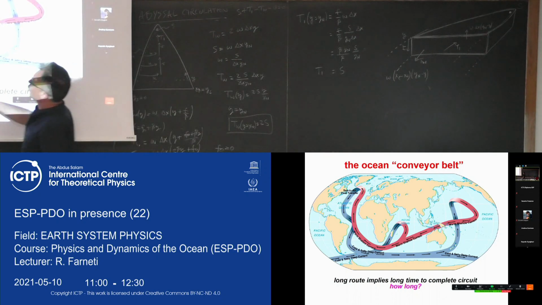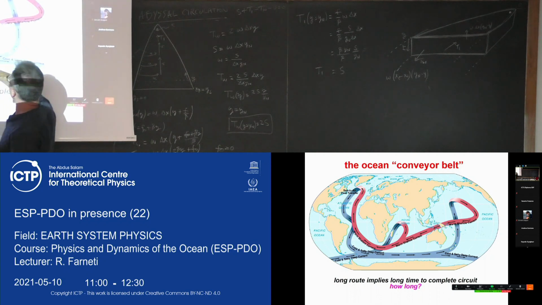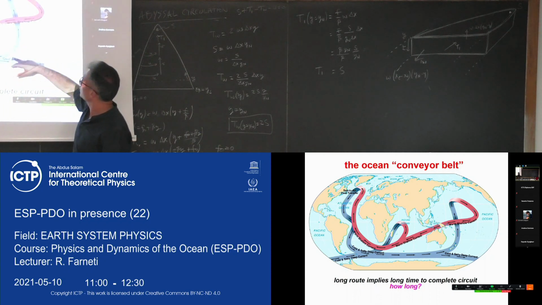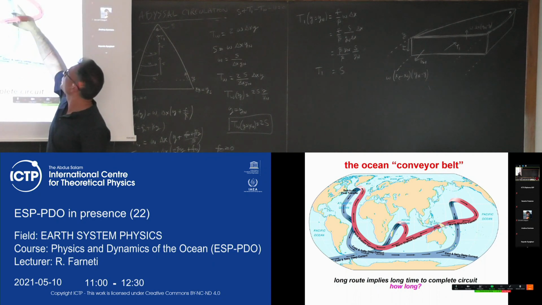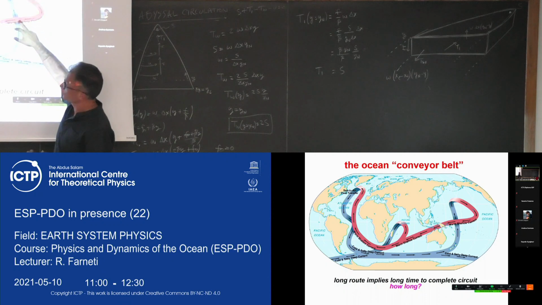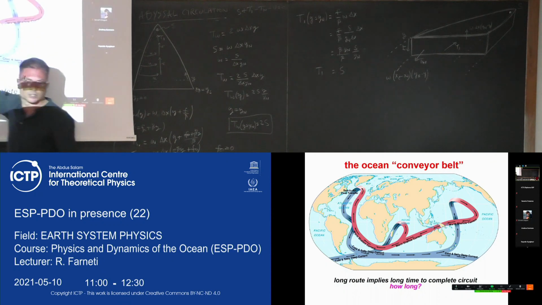Because some water is upwelled by diffusivity here, some water is upwelled by wind-driven upwelling in the Southern Ocean, but some water actually goes into the Indian Ocean and then is upwelled by diffusivity. Some other water travels along Antarctica and is upwelled into the Pacific Ocean by diffusivity, and then becomes the surface branch of the meridional return circulation and returns into the North Atlantic.